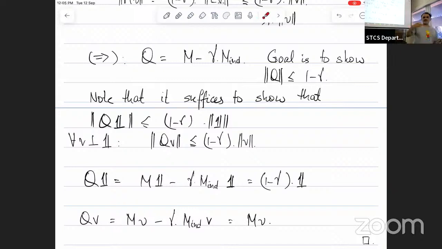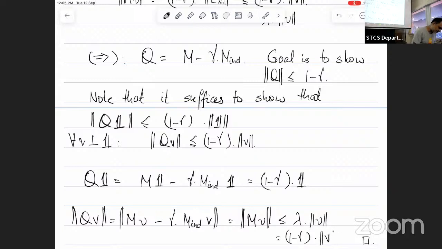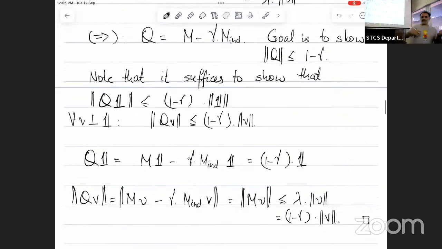And we know from the spectral expansion of M that this length, if I put norms throughout, is at most lambda times the norm of V, which is like 1 minus gamma times the norm of V. That's it. So this basically tells us that the if and only if statement that we wanted holds.